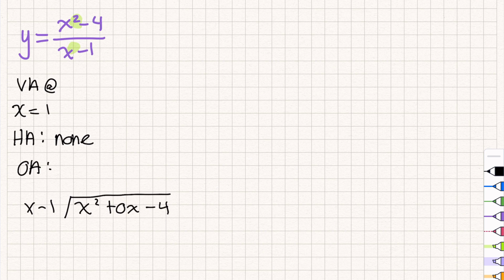So when we divide, we're going to get x, and then we multiply, we get x squared minus x, then we subtract, and we end up with 1x. Then we bring down the 4, and then we divide, we end up with 1.